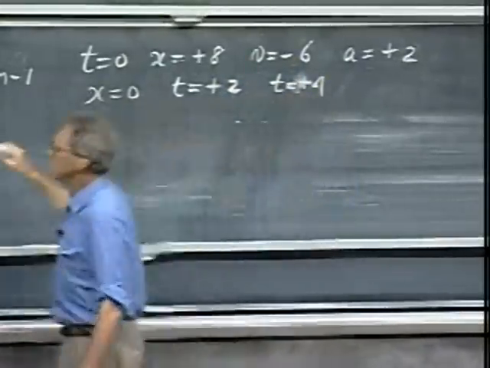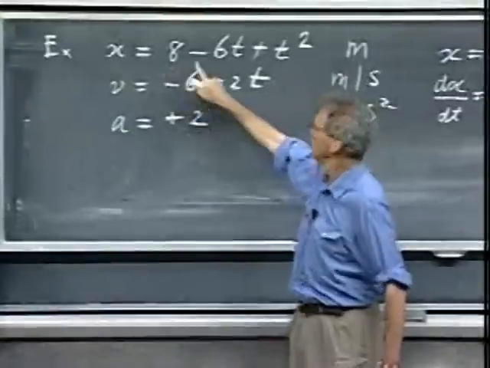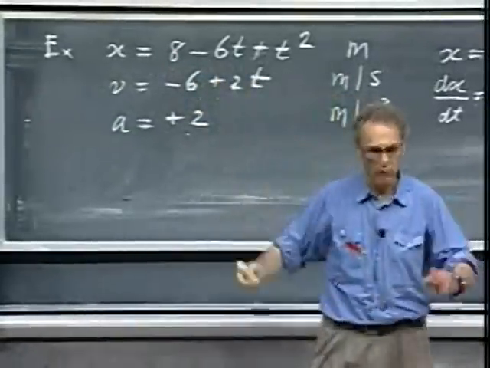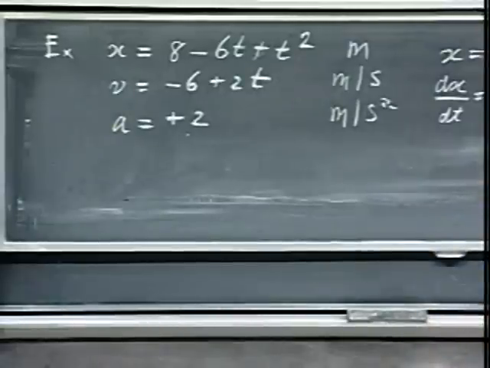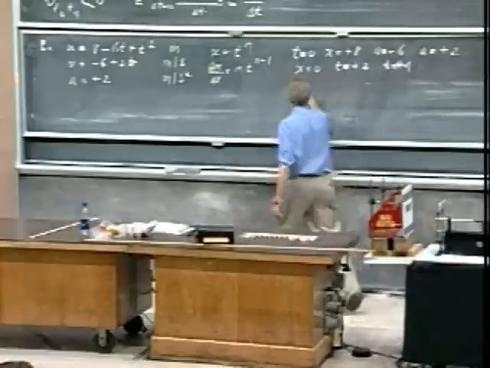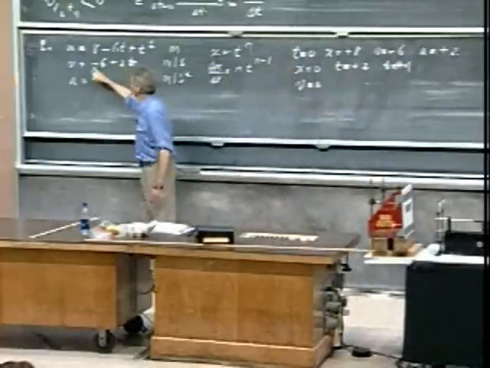Take the plus 2, that makes this 4. 4 plus 8 is 12, minus 6 times 2, that's 0. So you see the 2 works, and you can check that the 4 also works. Just for my curiosity, when is the velocity 0? Oh, that's easy. That's when this equation is 0, so that's when t equals 3.